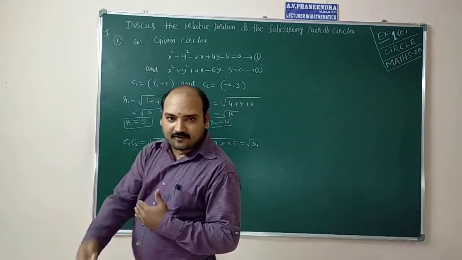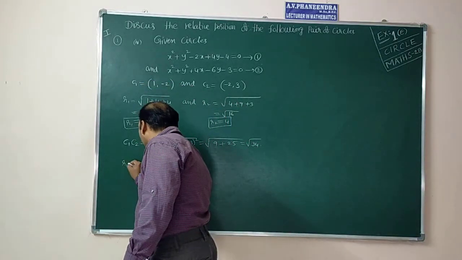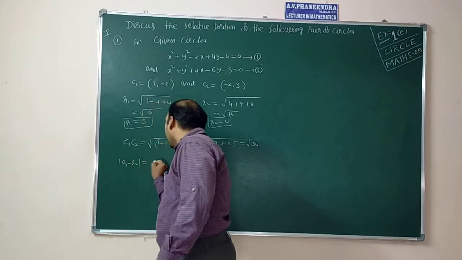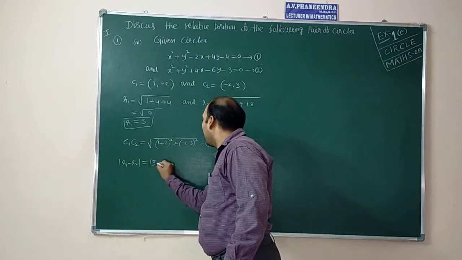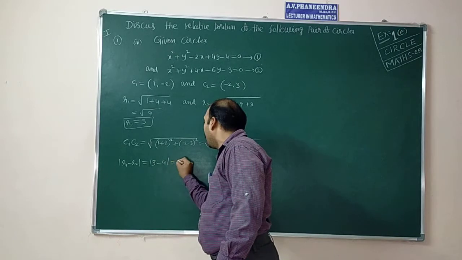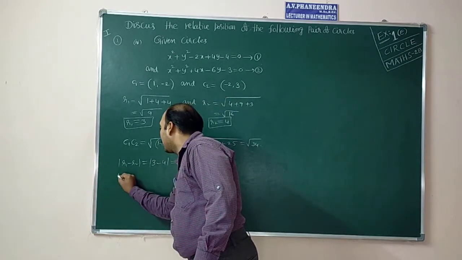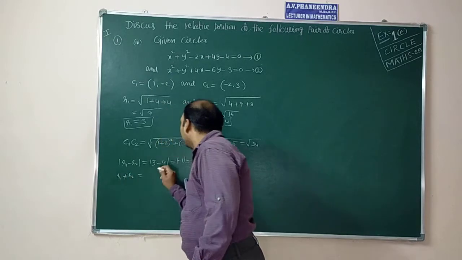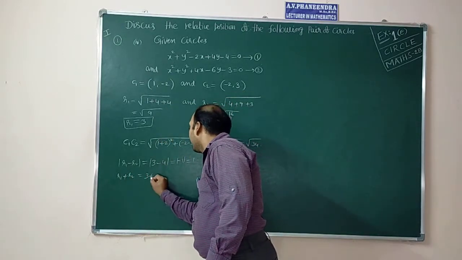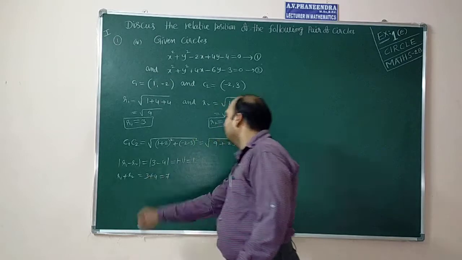Now calculate the difference of radii and the sum of the radii. Mod of R1 minus R2, R1 means 3, R2 means 4, which is equal to mod of minus 1, which is equal to 1. R1 plus R2, 3 plus 4, which is equal to 7.